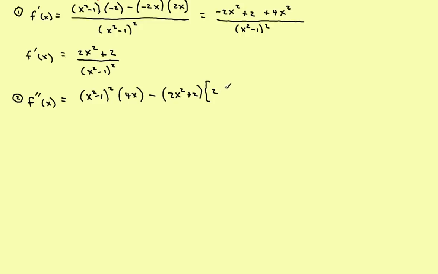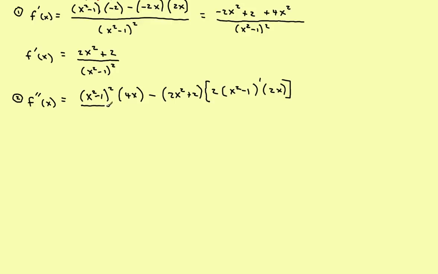So this would be 2 times this thing to the first power. Go ahead and rewrite the inner part. Then finally times the derivative of what's on the inside, which would be 2x. So that's the derivative of the denominator.